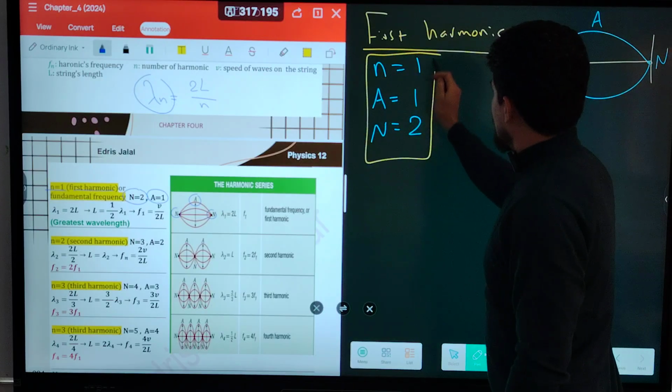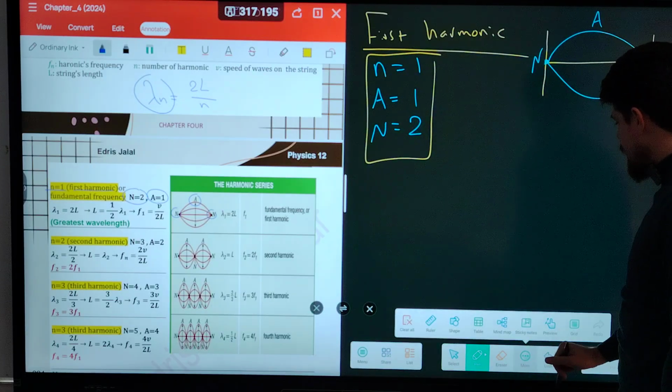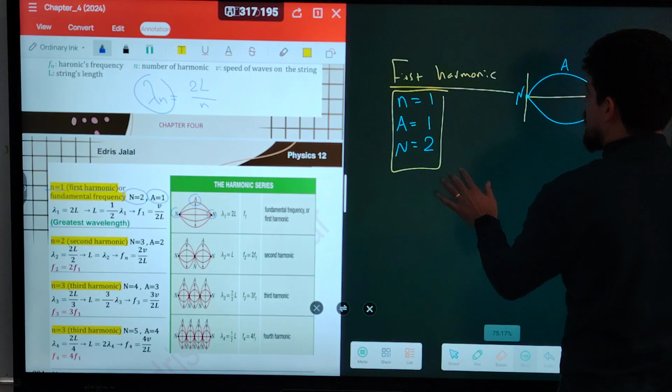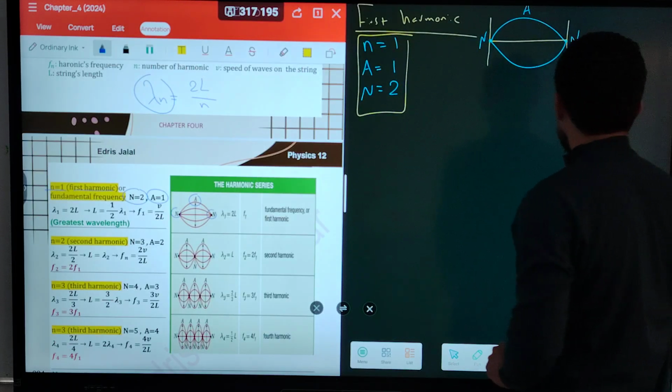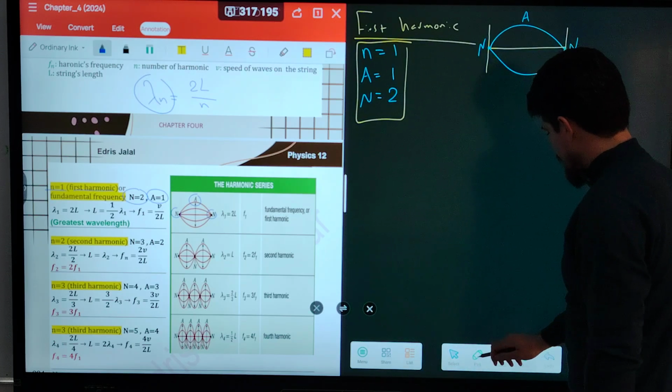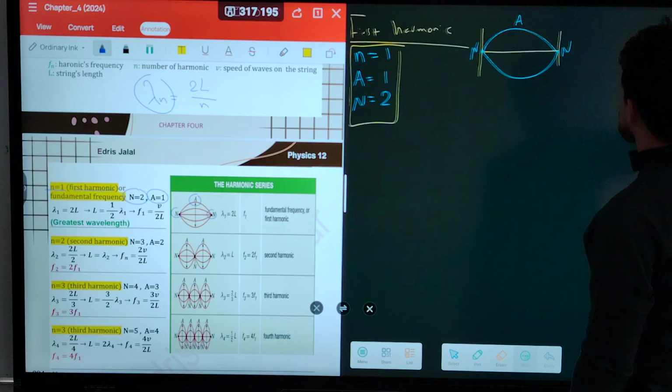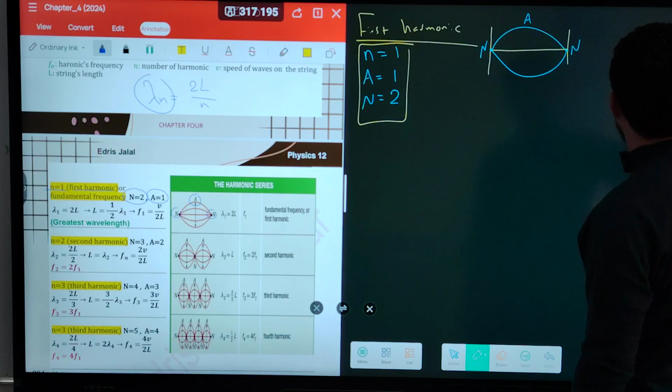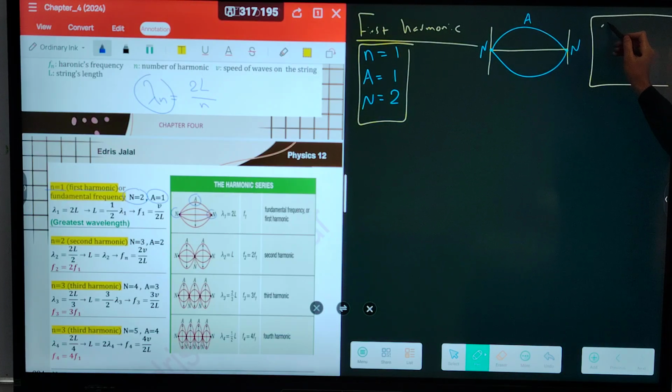Look, how can you determine frequency and wavelength for the first harmonic in a vibrating string? As I told you, according to this relation, wavelength for each harmonic is equal to 2L over N. Frequency for each harmonic is equal to NV over 2L.